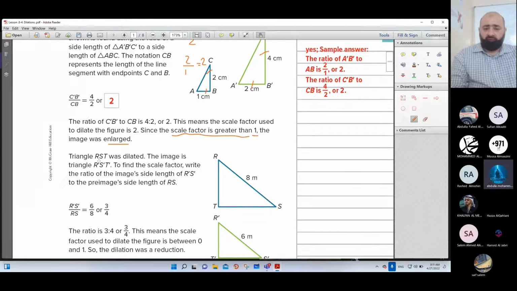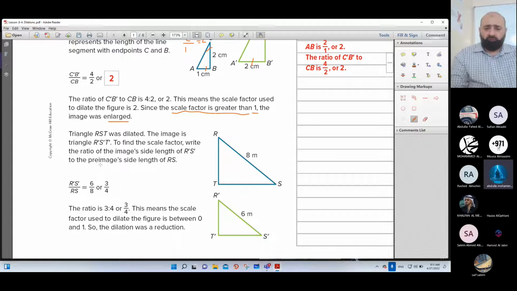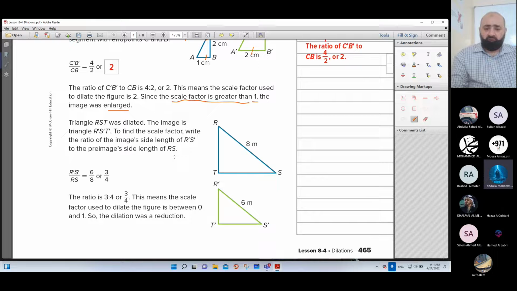Triangle RST, as you see here, was dilated. The image is triangle R prime S prime T prime. To find the scale factor, write the ratio of the image side length R prime S prime to the pre-image side length RS.